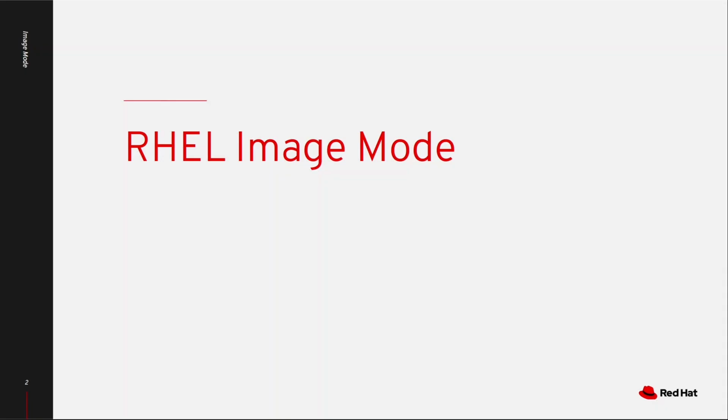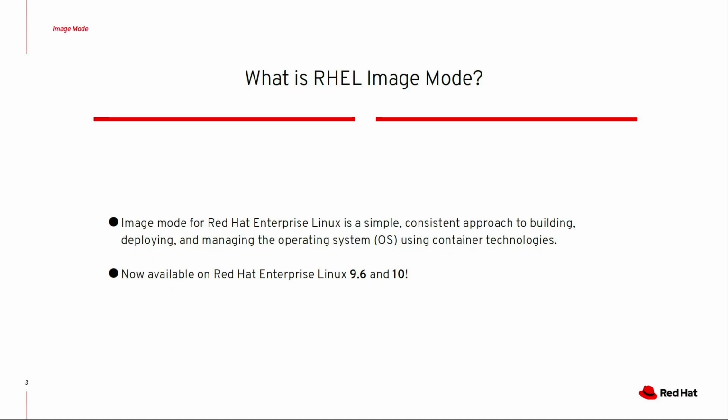All right, so what is image mode? Well, image mode is a new installation method to manage the operating system, but you're using the tried and true container pipeline tooling. So who here has built a container? Raise your hand. All right, so about half the room. So you understand a container, images, a Dockerfile.